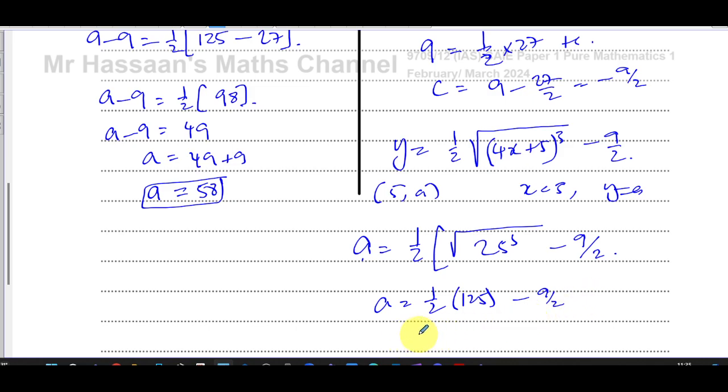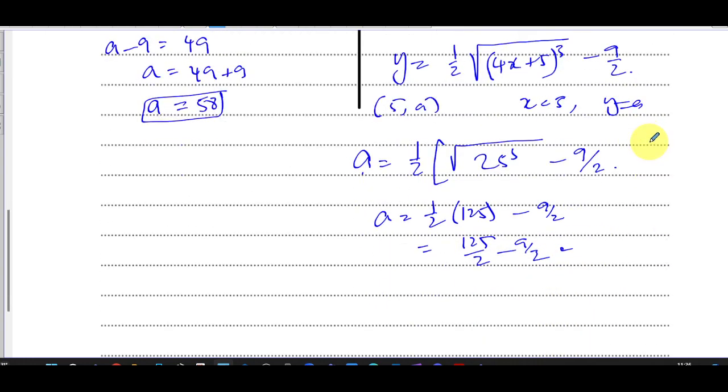Okay, so you have 125 over 2 minus 9 over 2. Now 125 minus 9 is going to be 116, sorry, 116 over 2.